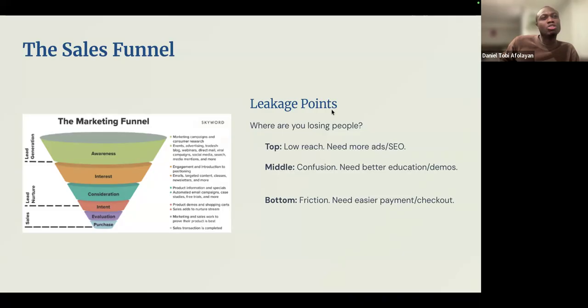Maybe someone needs money. You do agri finance and agri tech. How do you ensure that that person sees my kind of product as a solution to his problem? And at the bottom, you have to reduce any payment issue, ensuring that you have an easy checkout.